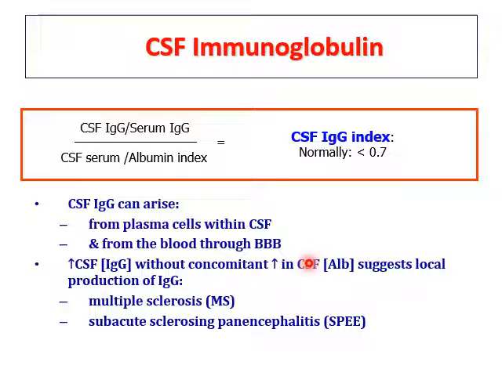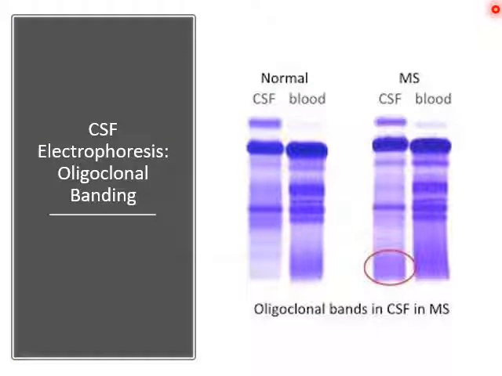How to differentiate between both of them? Increase in the CSF IgG without increase in the albumin means there is local increase in the production of IgG within the CSF, or intrathecal synthesis, which occurs in multiple sclerosis and subacute sclerosing panencephalitis. Another method to demonstrate the IgG within the CSF is using CSF electrophoresis, looking for oligoclonal bands.